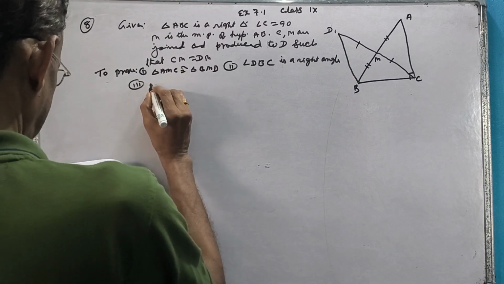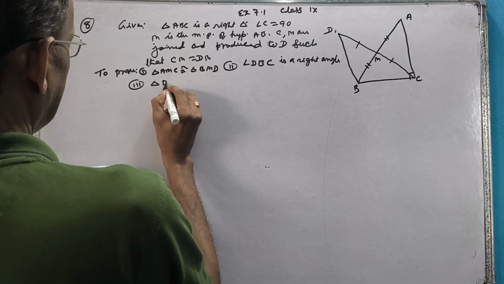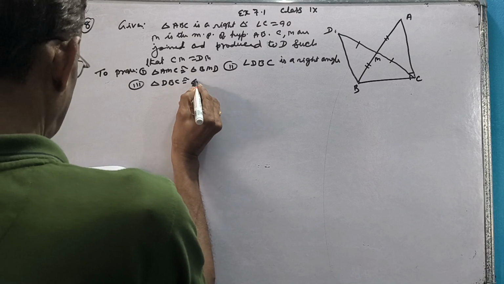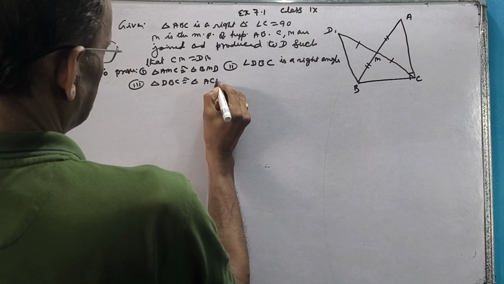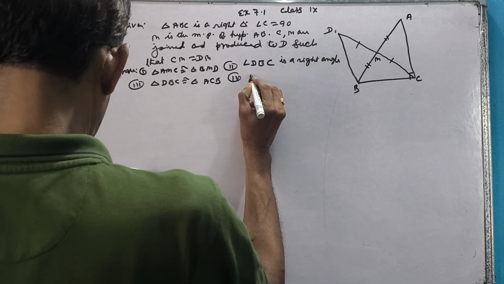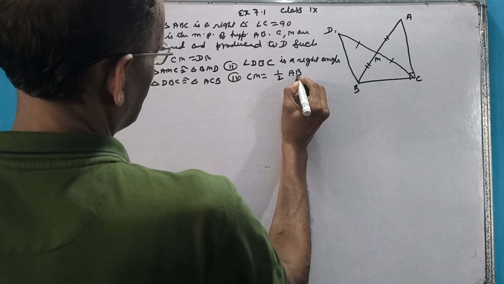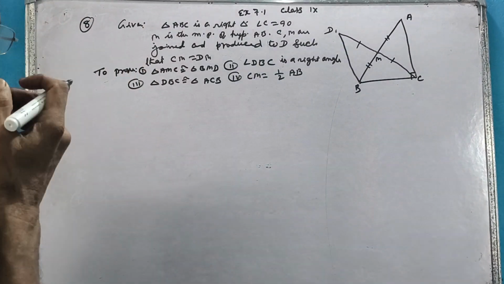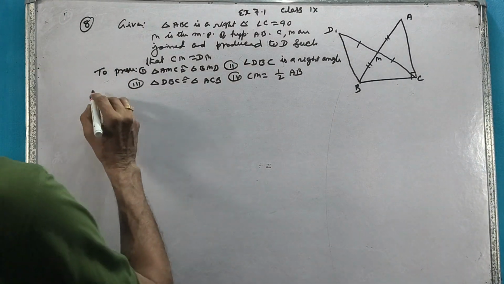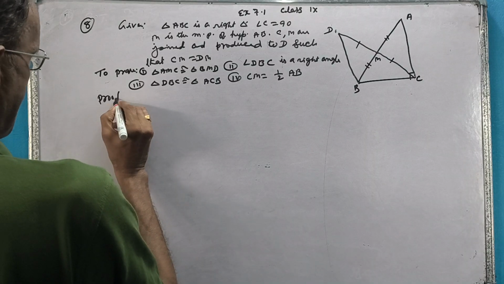Number 3, triangle DBC congruent to triangle ACB. Number 4, CM equal to half AB. It looks lengthy, but not so. It's not difficult. So I start the proof.